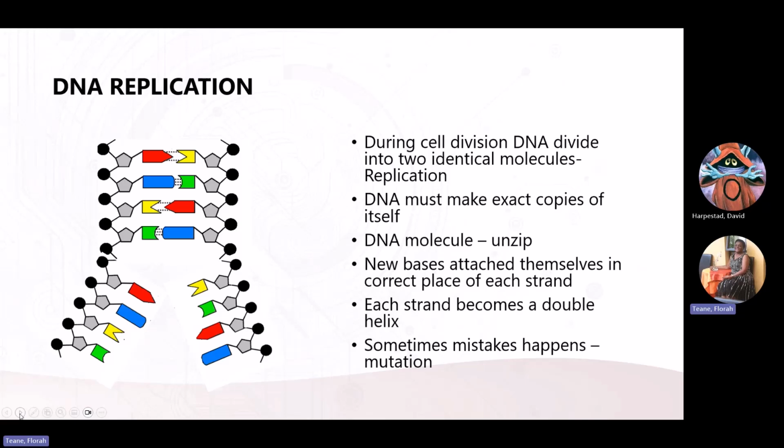We call this process the unzipping, because this breaking down of the hydrogen bonds does not happen at once. It happens like a zip of a garment when you unzip whatever garment. So when the hydrogen bonds of the entire DNA molecule break, we will have 2 strands of DNA.